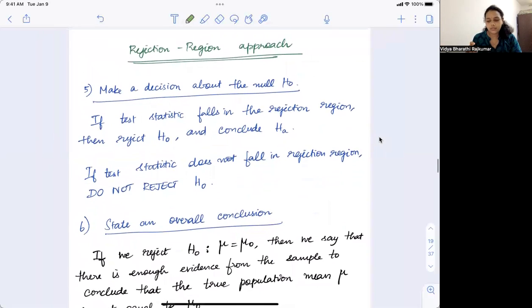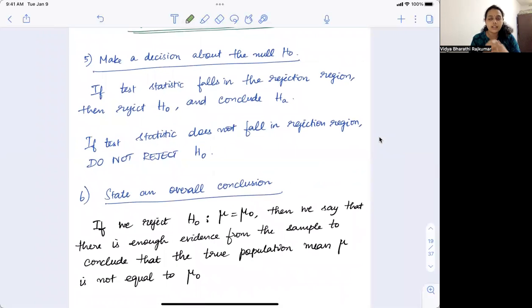Now, the last two steps are that you make a decision about the null. If the test statistic falls in the rejection region, you reject the null and you conclude that the alternative is true. If your test statistic does not fall in the rejection region, then you don't have enough evidence to reject the null.